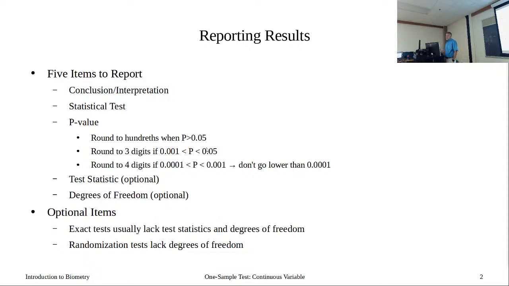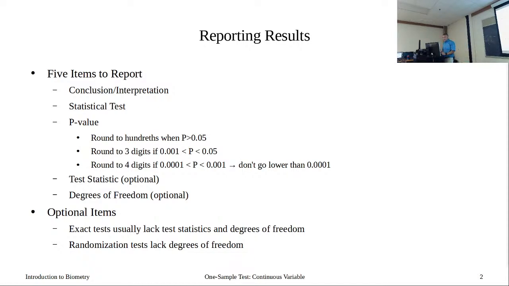And the reason we do that is if we had 0.044, that stays at 0.04, but if we have 0.046, that would round up to 0.05. And we just want to be clear to the reader that we didn't actually get 0.05. That's the rounded value. Our p-value is actually less than that 0.05. So anytime we have a p-value between these 2 numbers, we go to the thousandth place, 0.001.